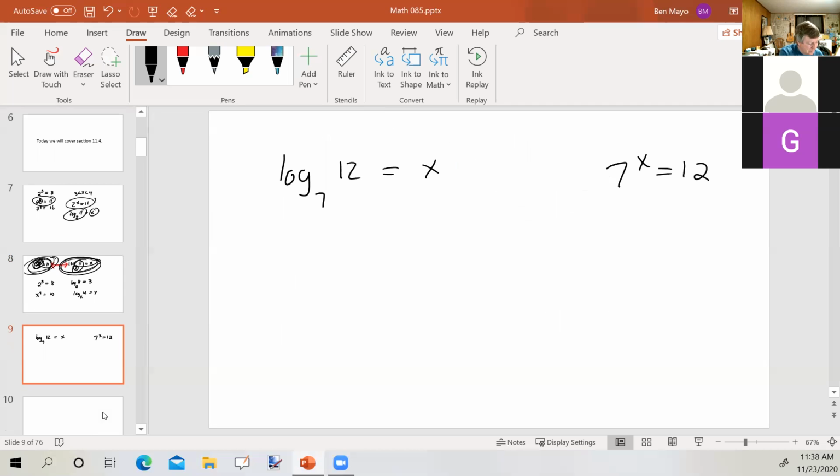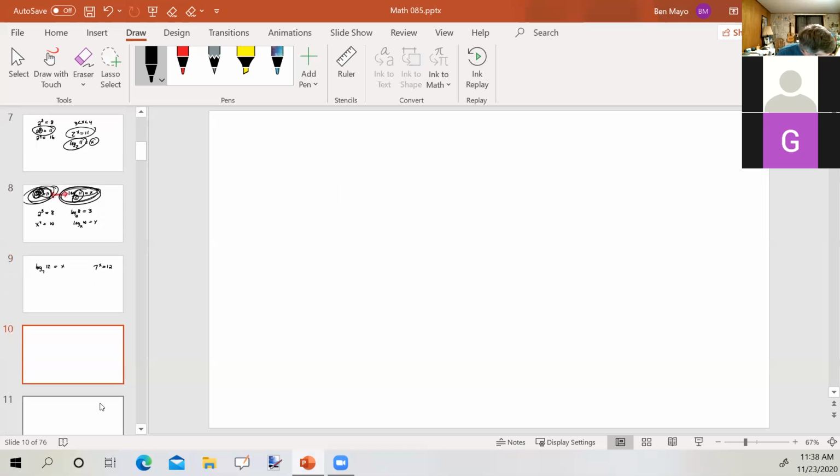All righty. So now let's take a look at some problems from the book concerning this idea. And here we have log base 7 of 7 equals 1. It says write each logarithmic equation as an exponential equation.